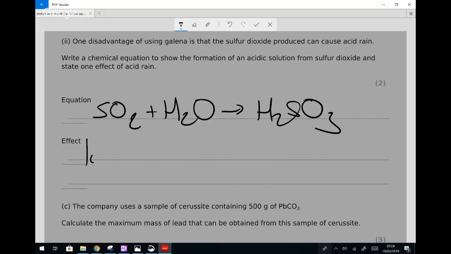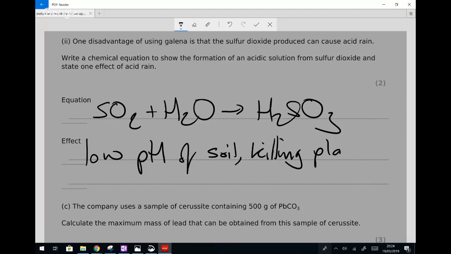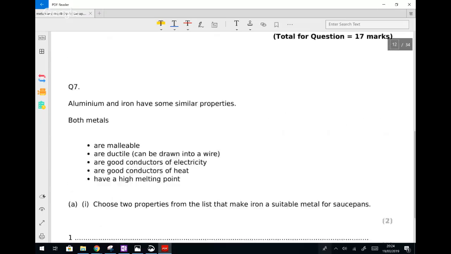It will lower pH of soil, killing plants, or it will dissolve statues made of limestone. Many answers.